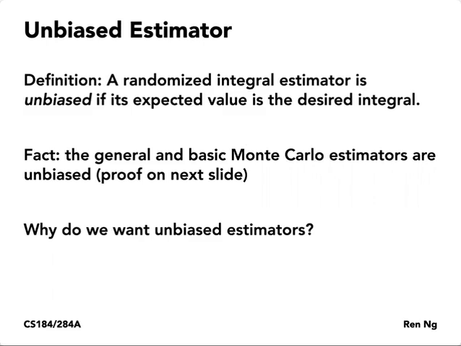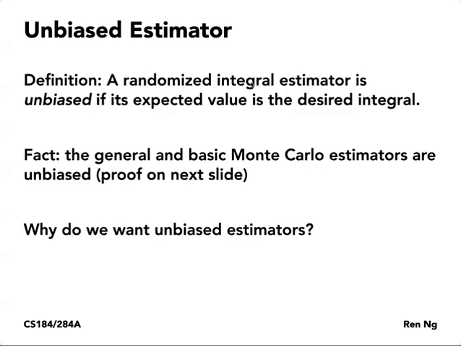There are a few things going on here, so let's unpack that. We wrote down capital F sub n, which is a randomized estimator for the definite integral. So capital F sub n is an example of a randomized integral estimator. And we say it's unbiased if its expected value, what's going on there?